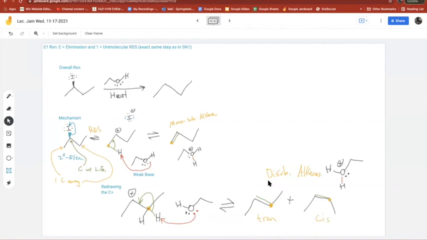How are they related, these 2 molecules? So they both have the same molecular formula. They both have the same connectivity. They have an alkene between carbon 2 and 3.